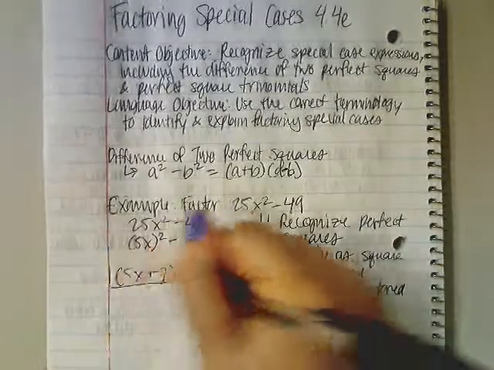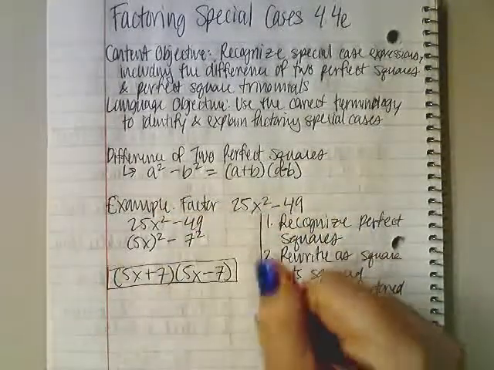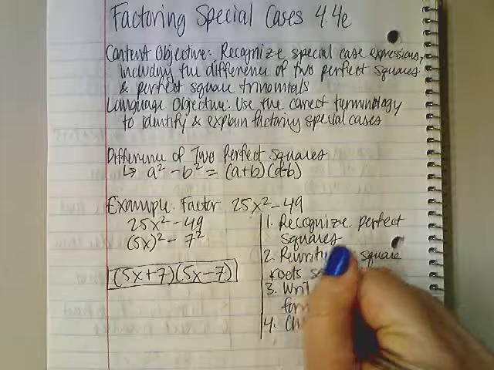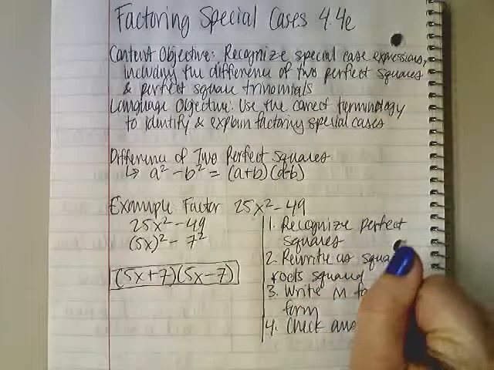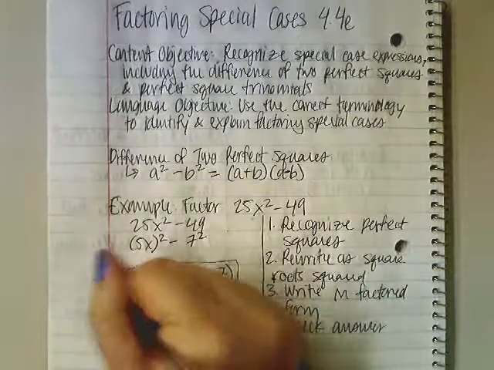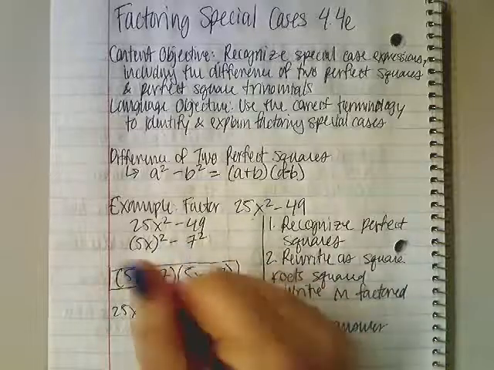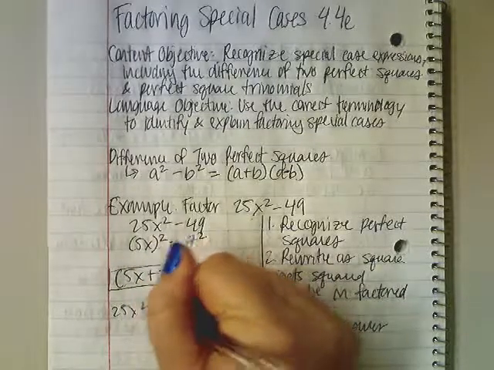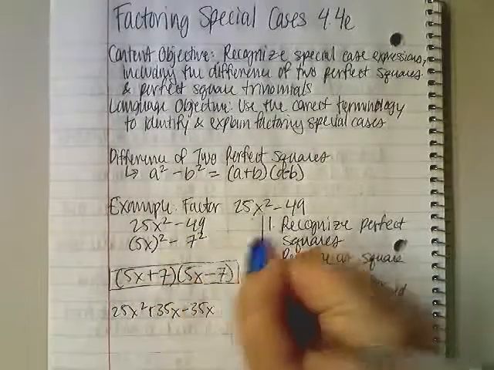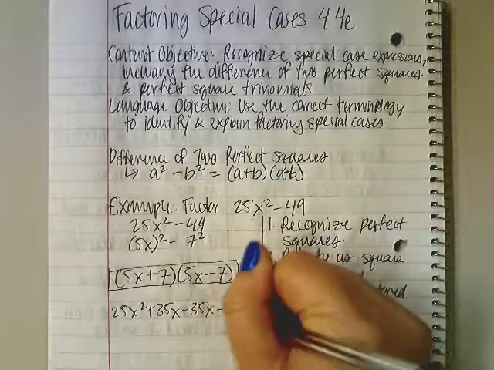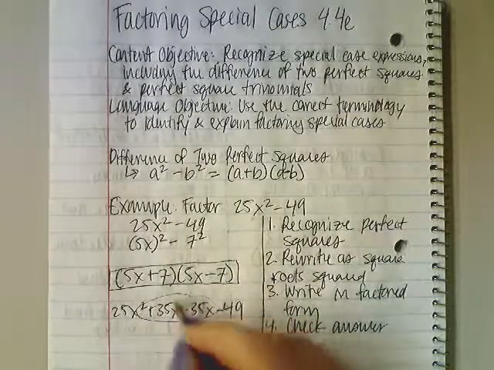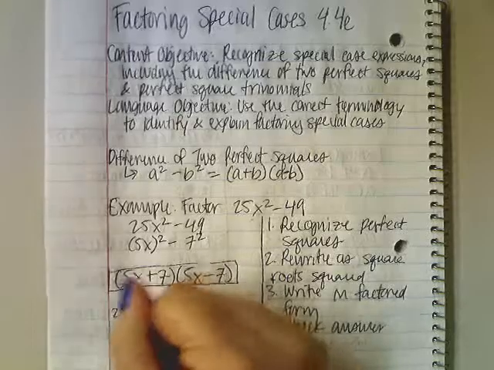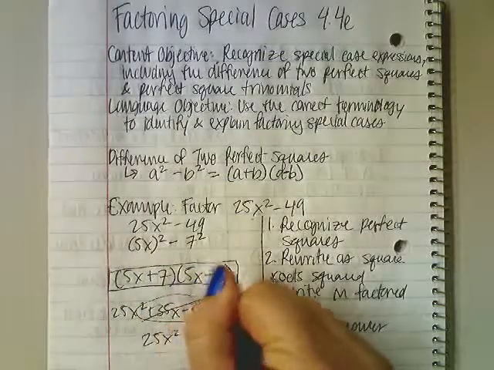And voila, it's done. If we wanted to check our answer, as we've been practicing, we would redistribute and get 25x squared plus 35x minus 35x minus 49. And as we see, these two middle terms cancel out. So I'm left with 25x squared minus 49.